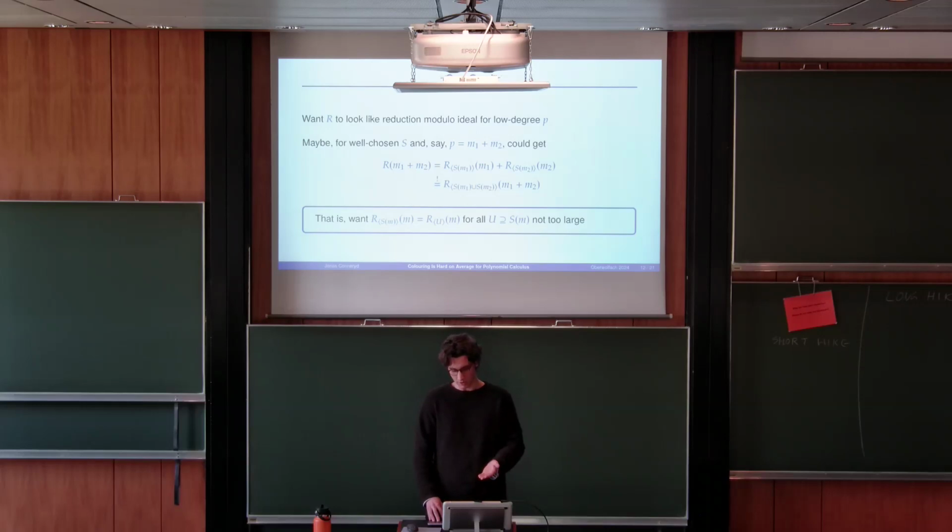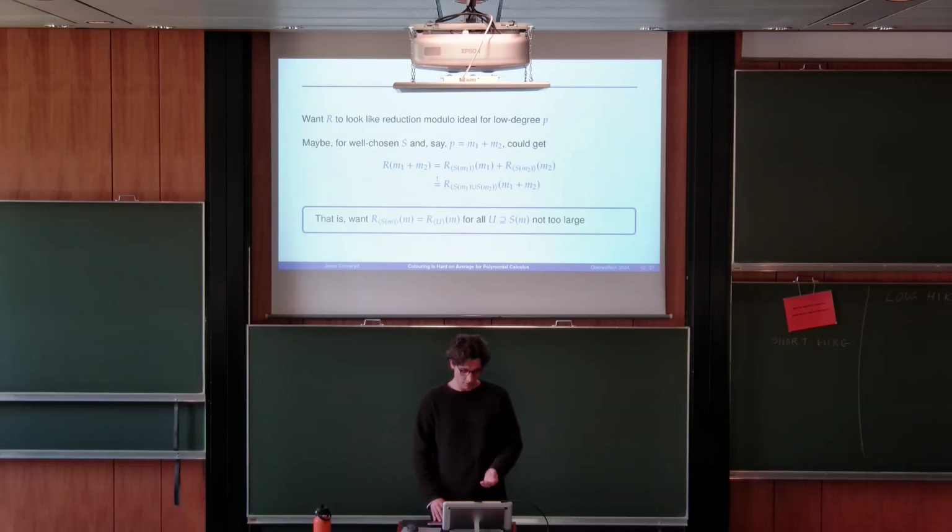But maybe it doesn't matter if we actually reduce both modulo a larger set, namely the union of them. Maybe it's enough: you do everything you can with reduction, only with these S of M_i. Then applying R to this polynomial P will actually be reduction modulo an ideal, and you can hope that it has the nice properties we're after.